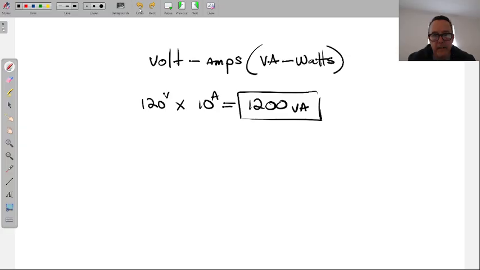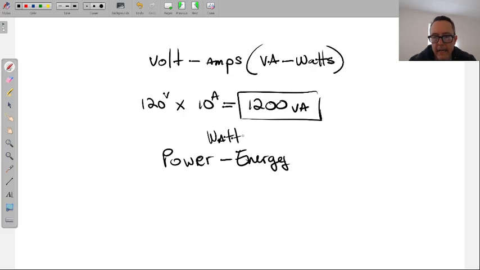So wattage and VA represent the same thing, power, or again, energy. All right, this is what watts are. They're power and energy. Another way to represent that is in VA. By the way, another way to represent that is horsepower. Power, right? Energy.